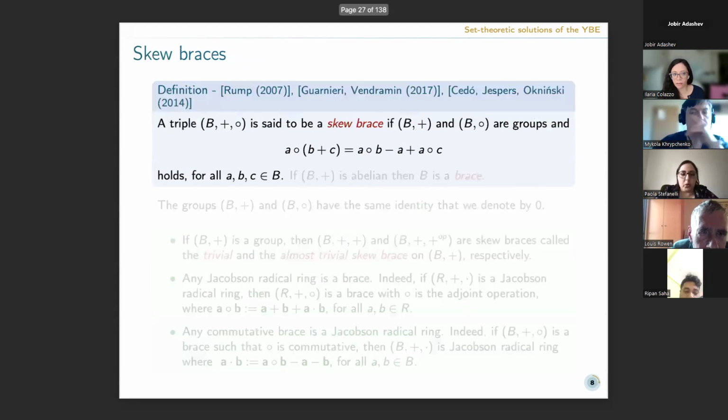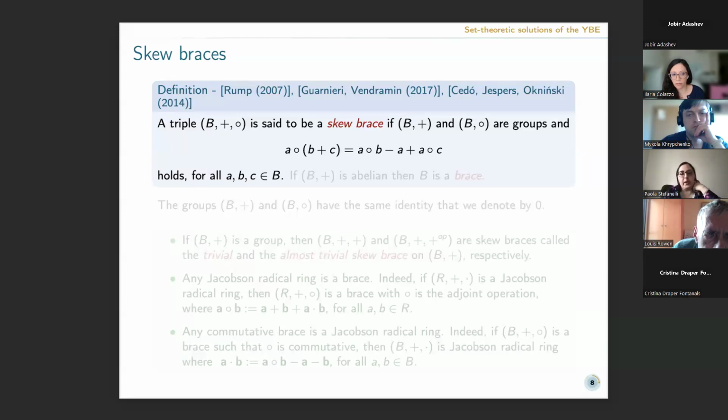So I will give you the more general definition of skew brace that first appeared in the paper by Guarnieri and Vendramin of 2017. So what is a skew brace?